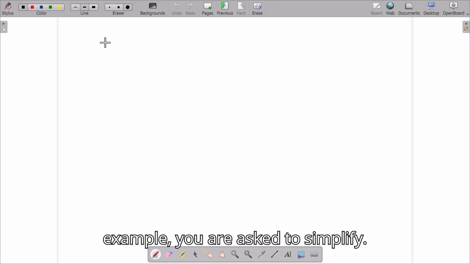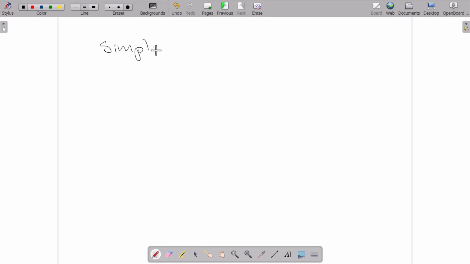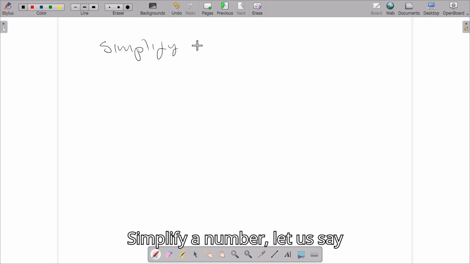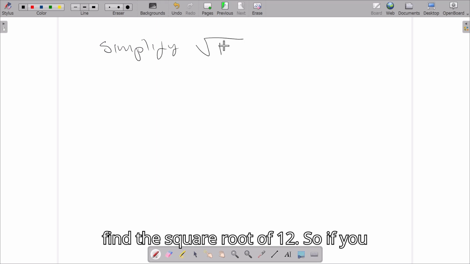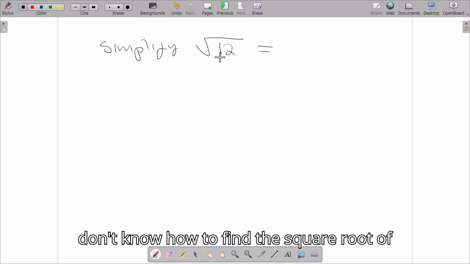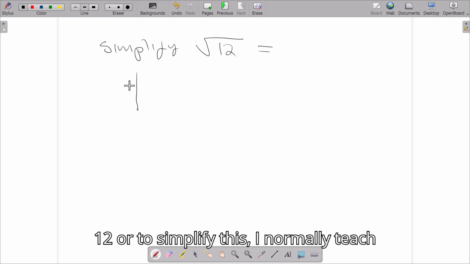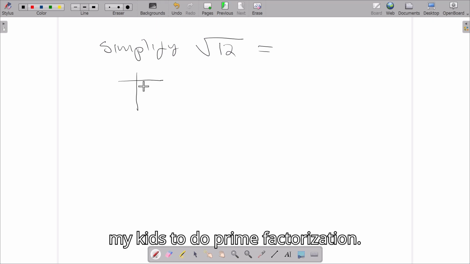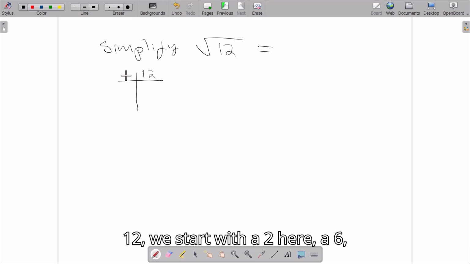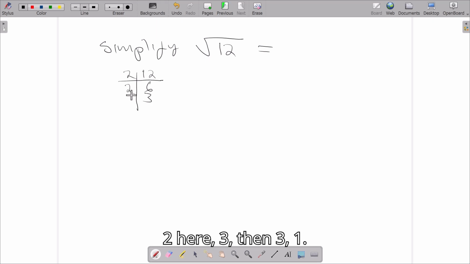For example, you are asked to simplify a number. Let us say find the square root of 12. So if you don't know how to simplify this, I normally teach my kids to do prime factorization. 12, we start with a 2 here, we get 6, 2 here, 3, then 3, 1.